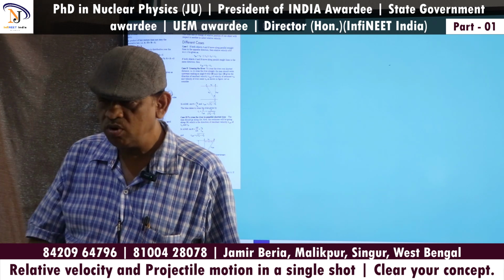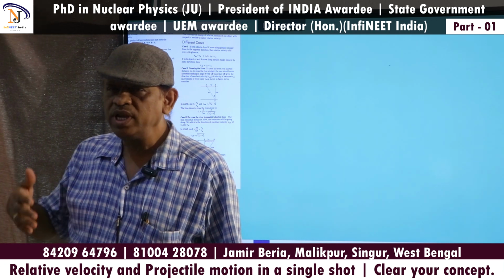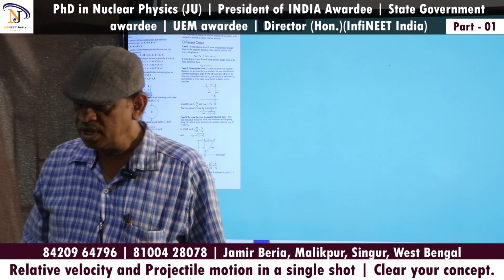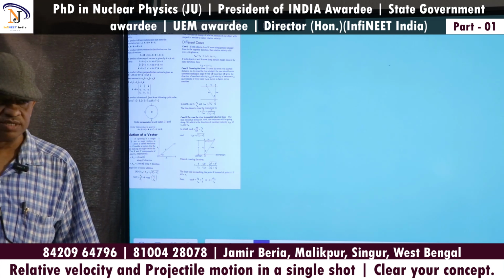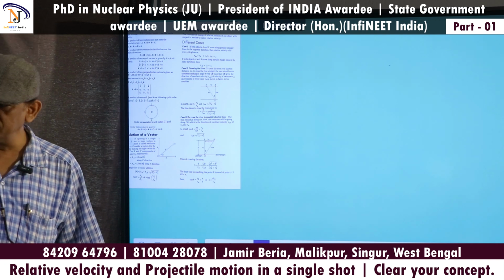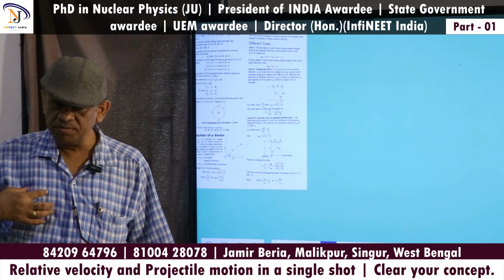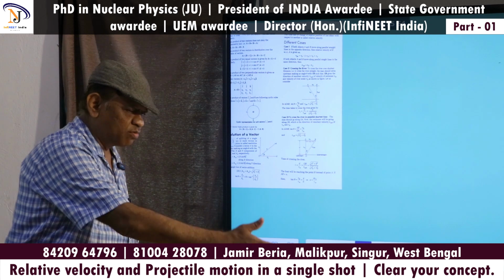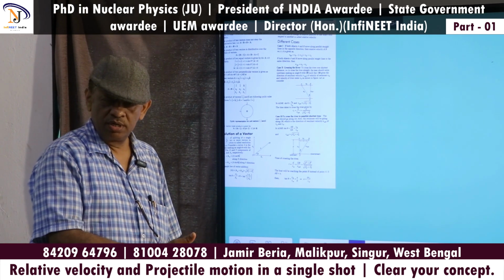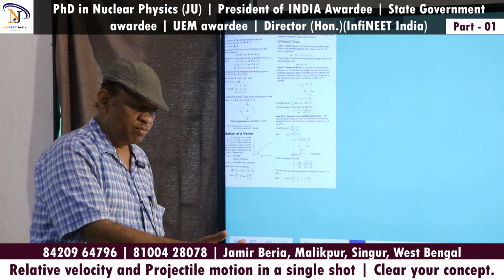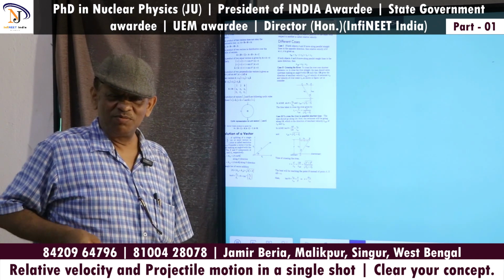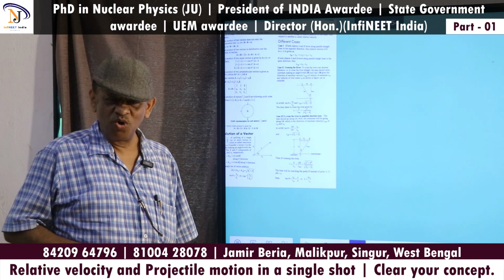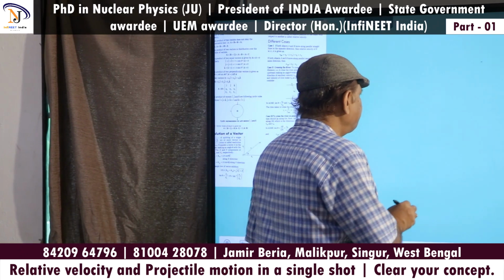So this is a rule. When you are in motion, your observer is always fixed. Do you follow me? If I am the observer and I am in motion, then I have to make my velocity in the opposite direction so that the total velocity remains zero. I am showing you.